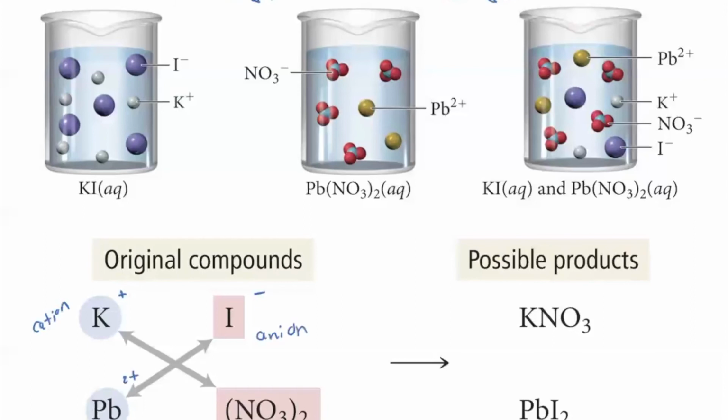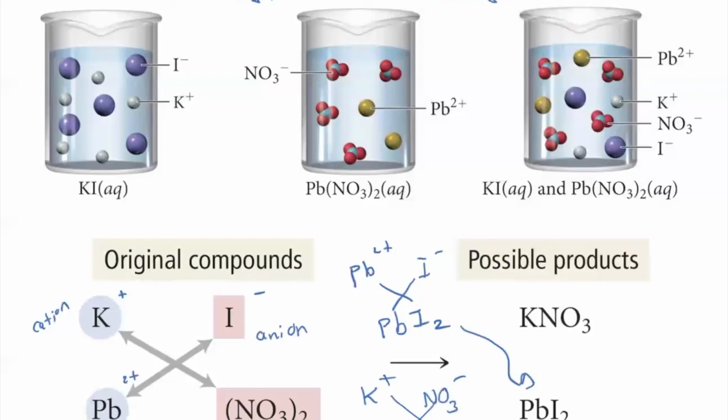Always put the cation first. So separate them, lead and iodide, then crisscross, which I taught you in the previous chapter: PbI2. Then for potassium, just bring it down, K plus, and nitrate, NO3 minus: potassium nitrate.